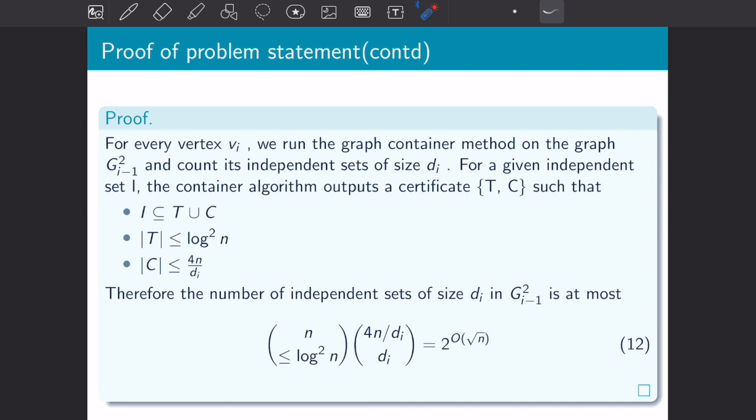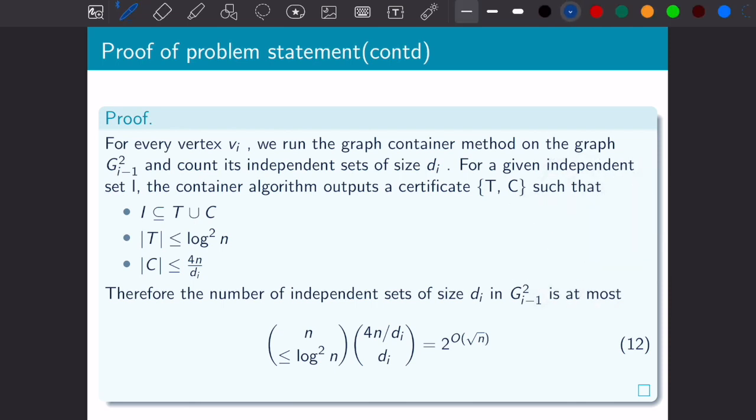So now let's take a look at the number of possible ways, or number of independent sets, in the graph H_{i-1}, or more precisely G2 of i minus 1, which is formed only by the vertices v1, v2, and so on up to v i minus 1, and we will be taking a square graph on this.